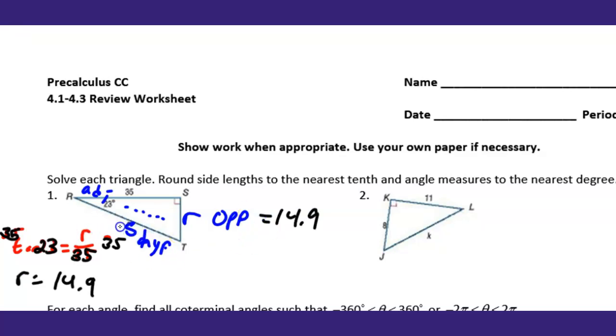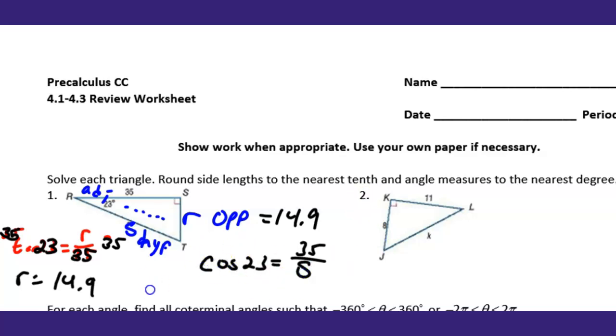Now for S, we're looking for S as the hypotenuse, and we have the adjacent side. Adjacent and hypotenuse is cosine. So cosine of 23 equals adjacent over the hypotenuse. We multiply by S on both sides and divide by cosine of 23.